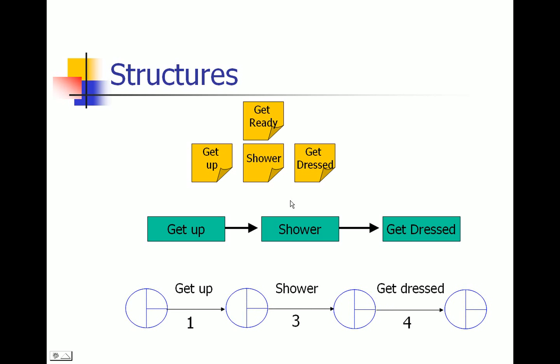When we go to a network diagram, we transpose that and we put the processes with the arrows. Then we have what we call nodes, these circular nodes, at the beginning and end of every process step. And we do that because we're interested in time as well as the process step.